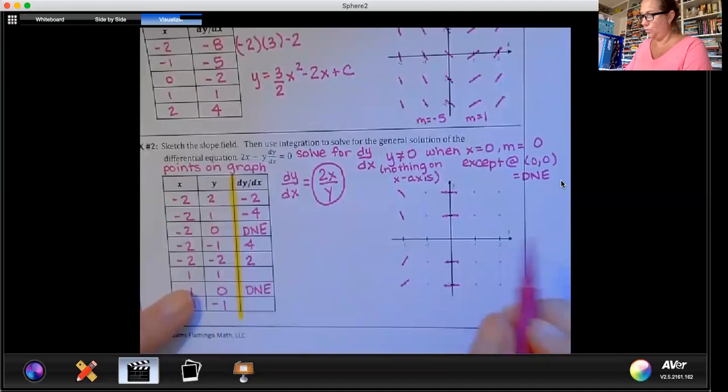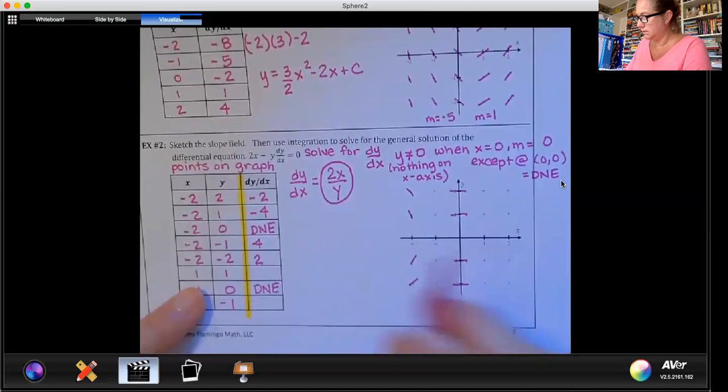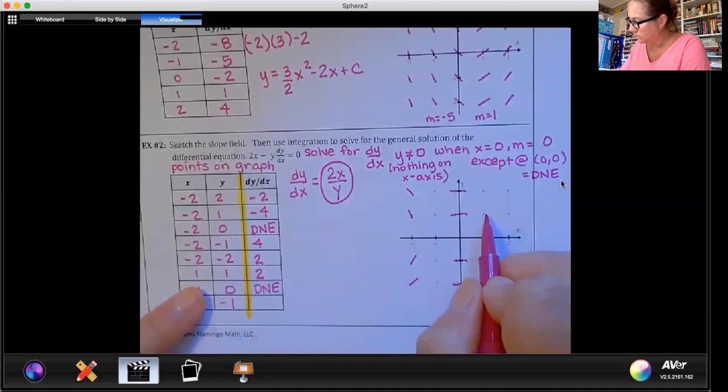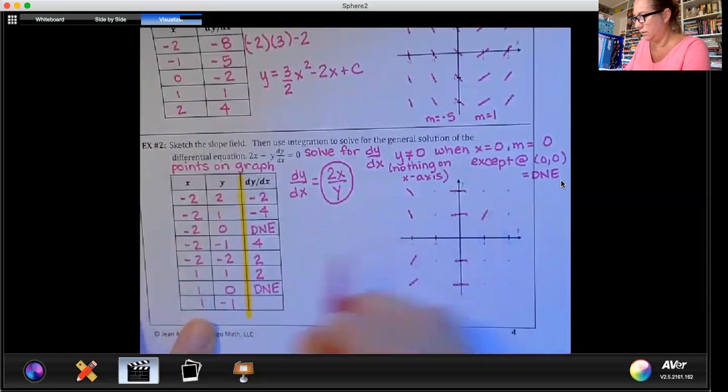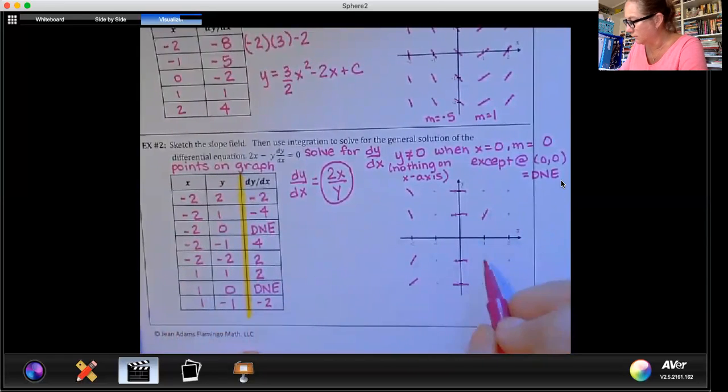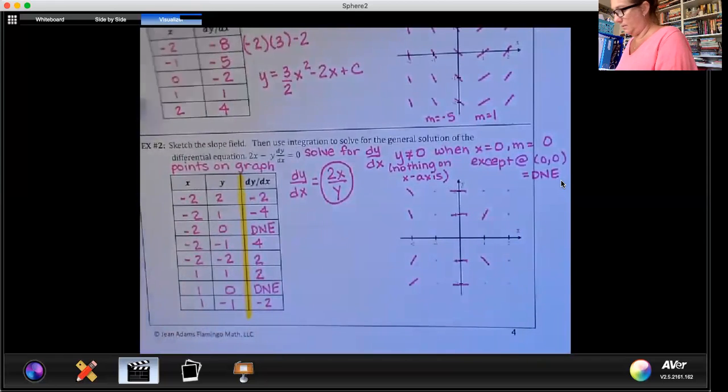All right, so (1, 1) is going to be +2, and (1, -1) is going to be -2. And then out to the side, you can just fill in the rest of your points.